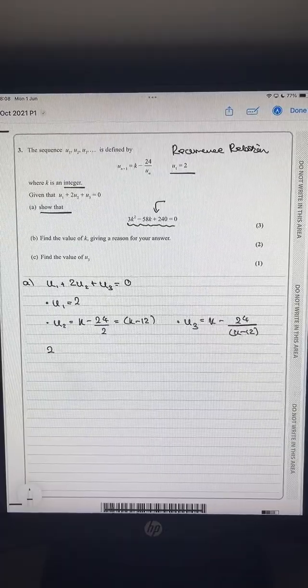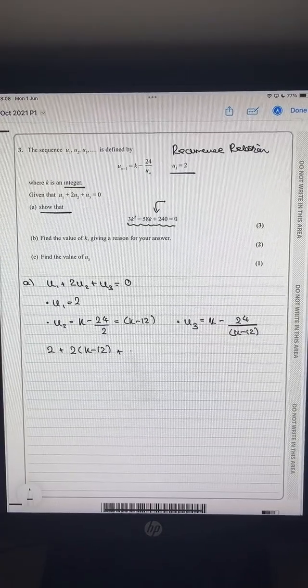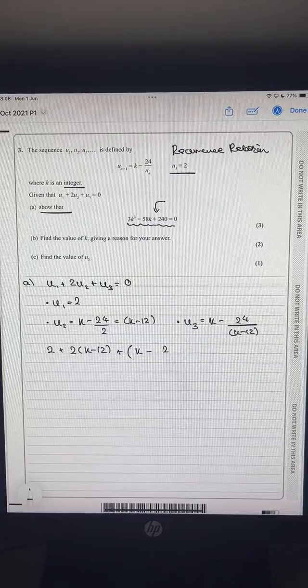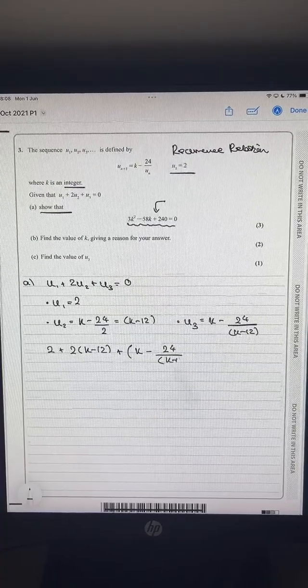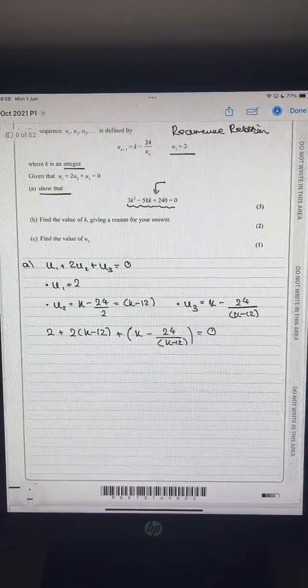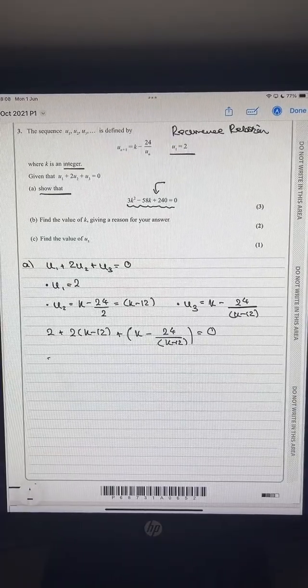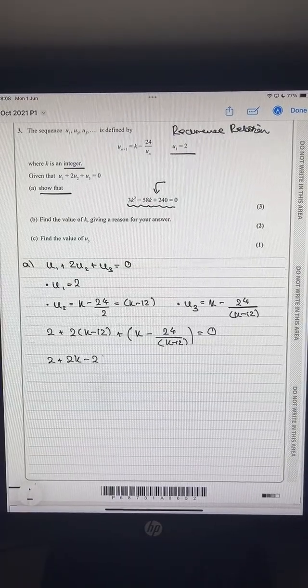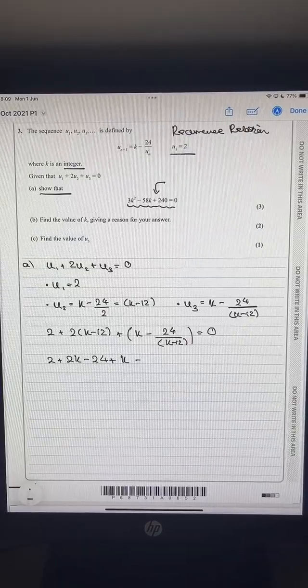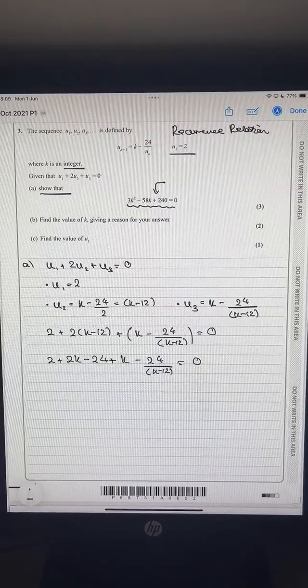So I get 2 plus 2 lots of k minus 12 plus (k minus 24) divided by (k minus 12), and that is going to be equal to 0. And now all I have to do is just simplify this and try and get it into this form here. So I have 2 plus 2k minus 24 plus (k minus 24) divided by (k minus 12) is equal to 0.